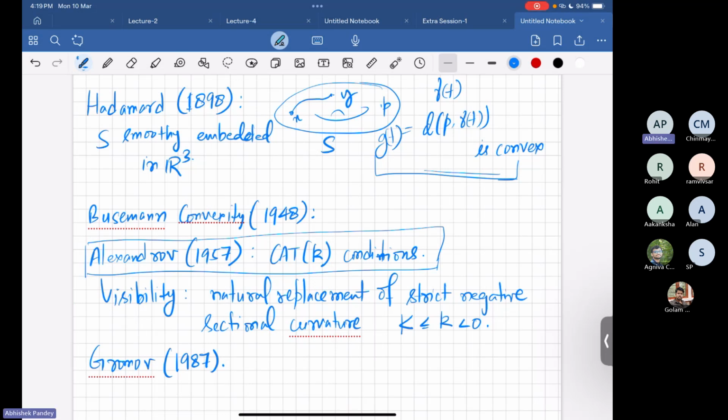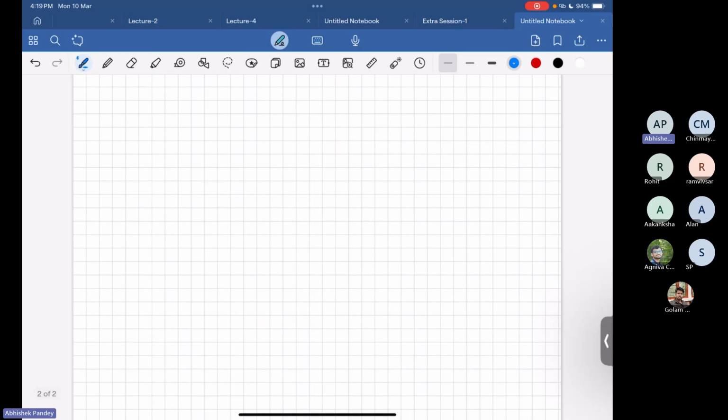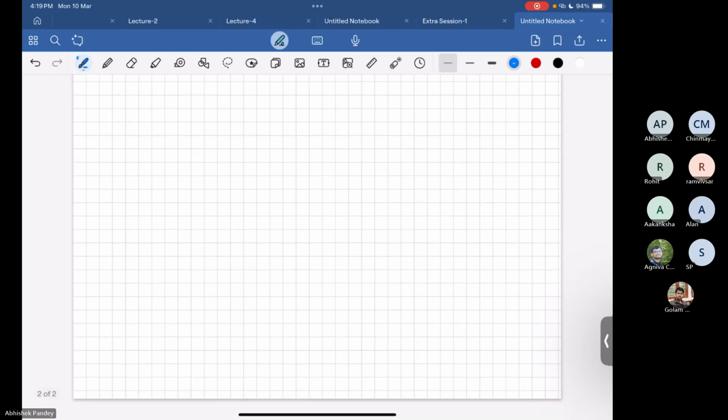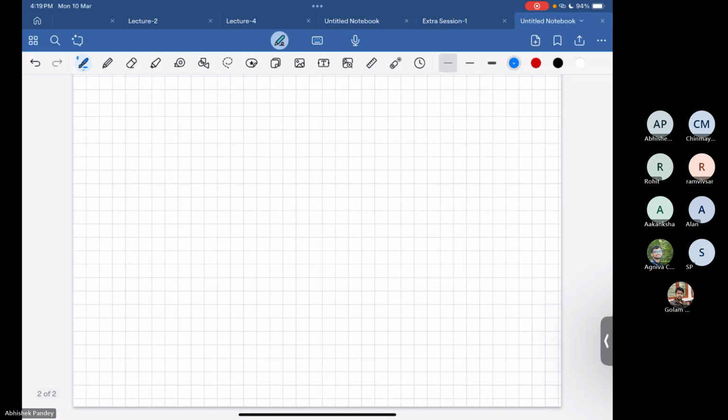Okay, fine. So let's start with the definition. Let (X, d) be a geodesic metric space.